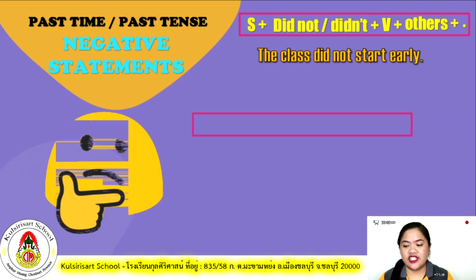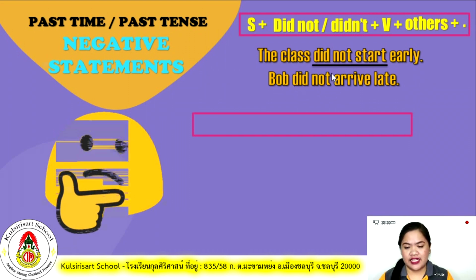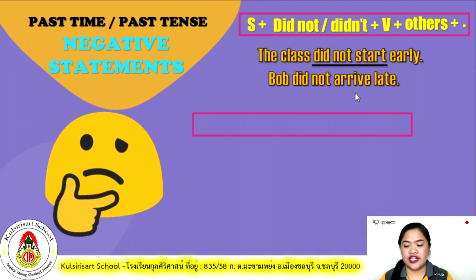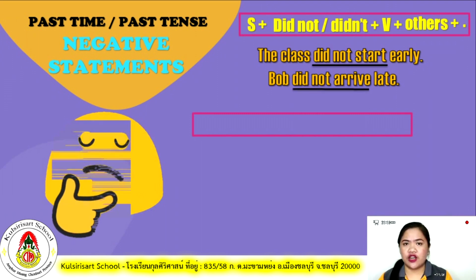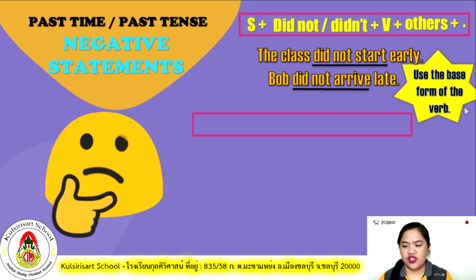Now we have Bob did not arrive late. Did not arrive is the negative statement. So remember, you should use the base form of the verb.